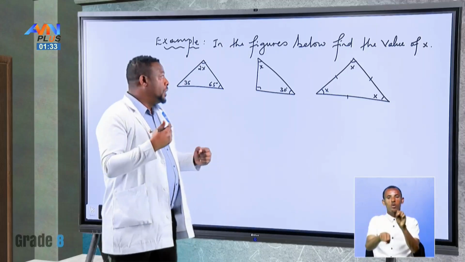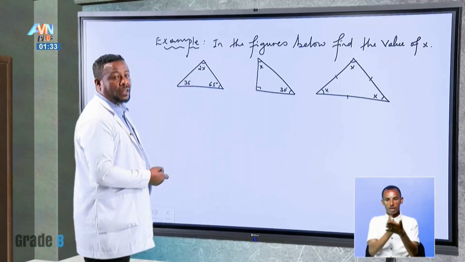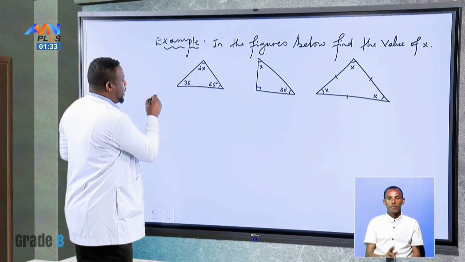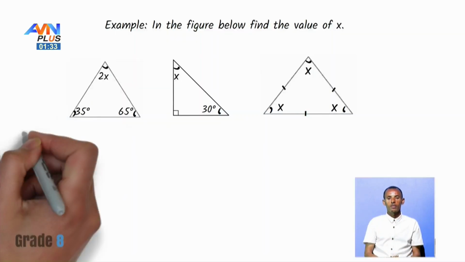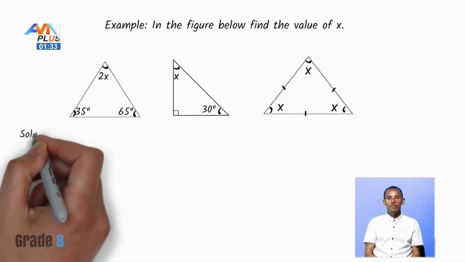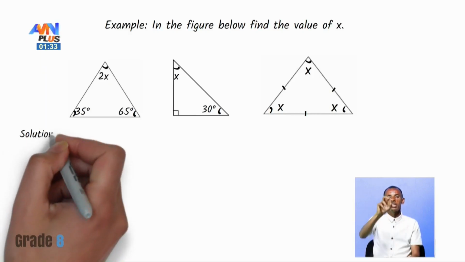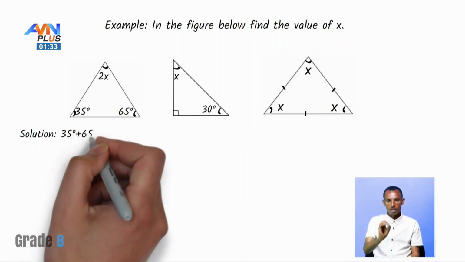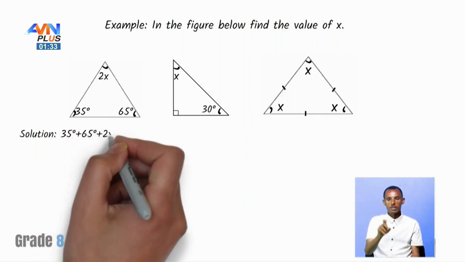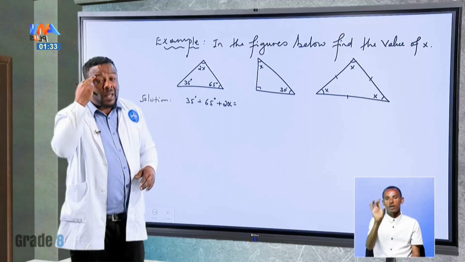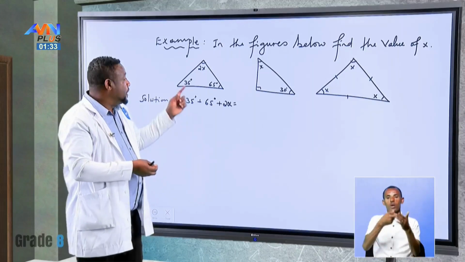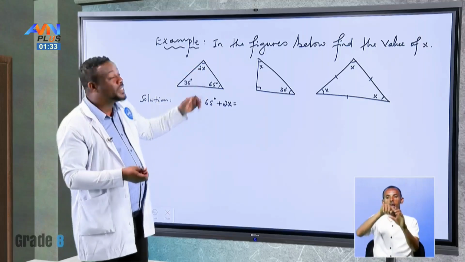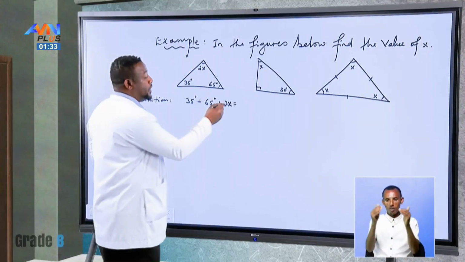So for the first triangle, 35 degrees plus 65 degrees plus 2x must be something. What is that number? Based on the previous theorem, the sum of all these angles must be 180 degrees.